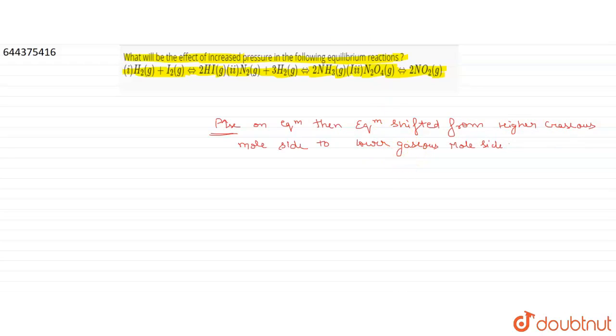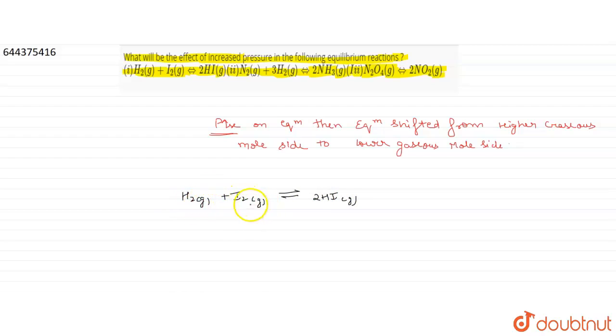Now let us go back to our question. So our first reaction is like this. We have H2 gas plus I2 gas equilibrium 2HI gas. Here how many moles of gases are there?